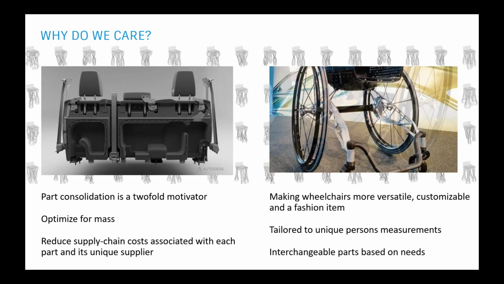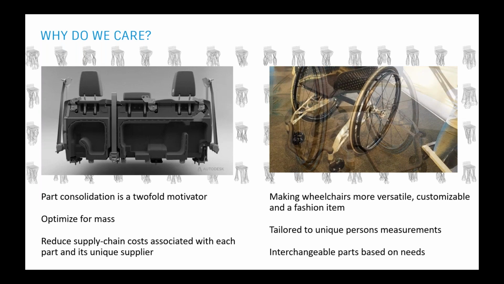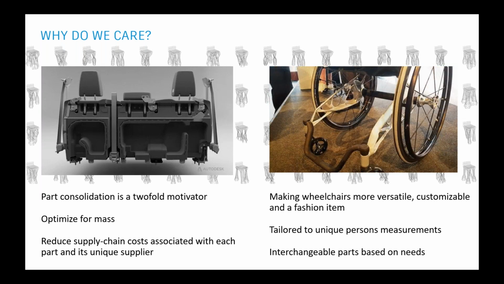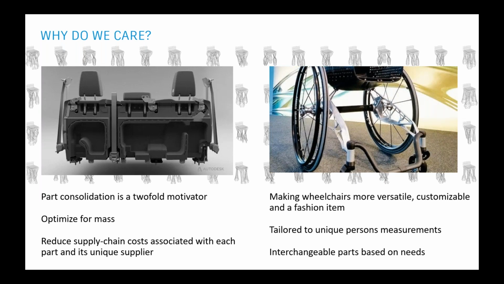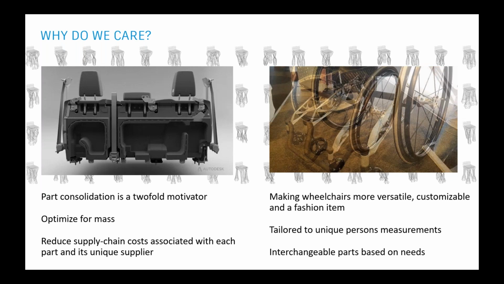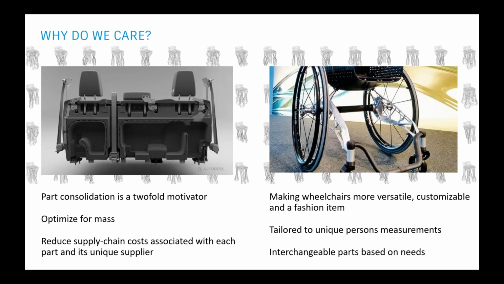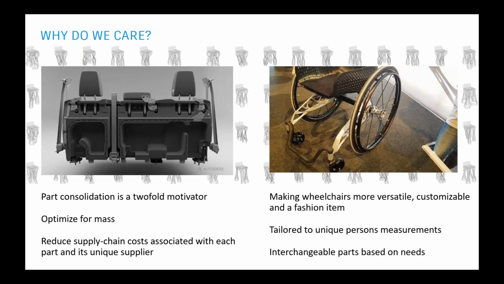We'll look at two examples here. On the left-hand side, there's General Motors, and you may have seen the seatbelt bracket example where they took an 8-part assembly and utilized generative design to make it out of a single body. Of course, part consolidation would be one reason that you might leverage the software, and one of the benefits of that is the ability to optimize it for mass.